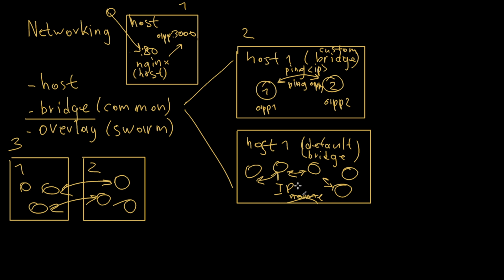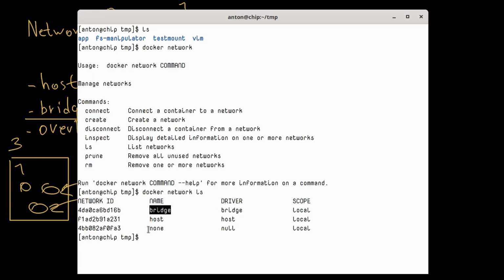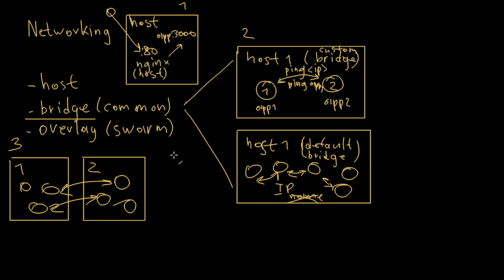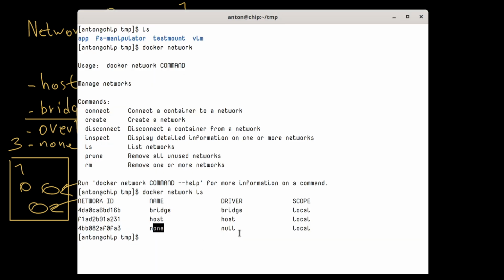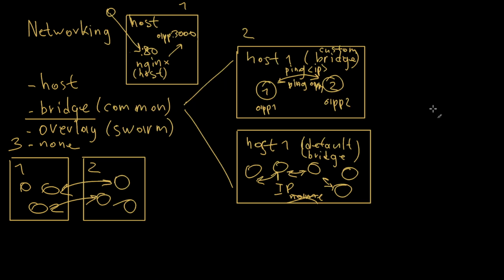Default bridge here is a network where we can find our containers with IP but not with the name. And also we have a network named none. We actually have this option here, and none will isolate the container, and the container won't be able to communicate even with containers from the default bridge, or with anything.